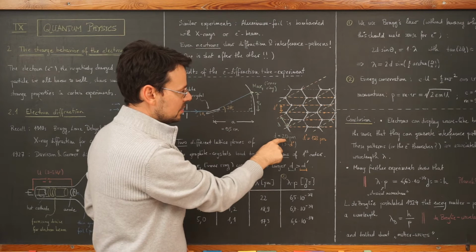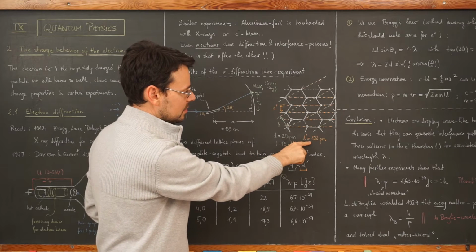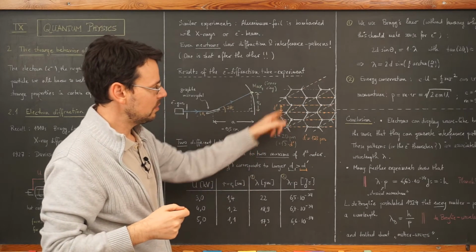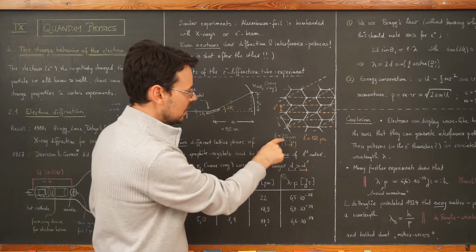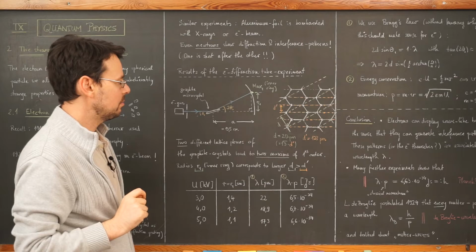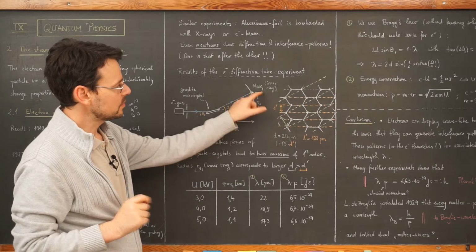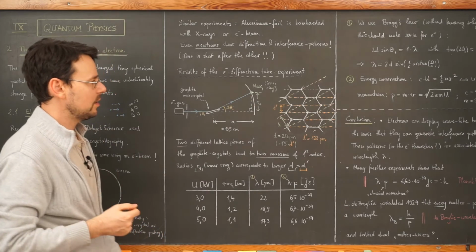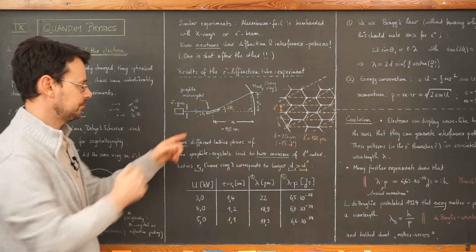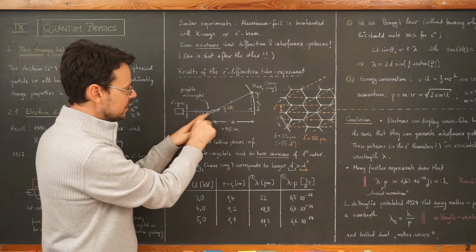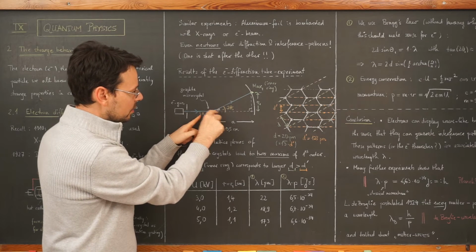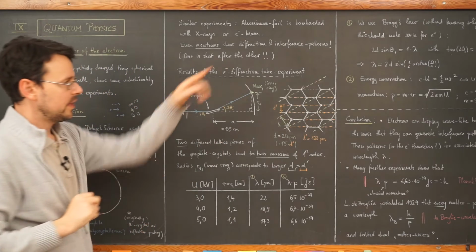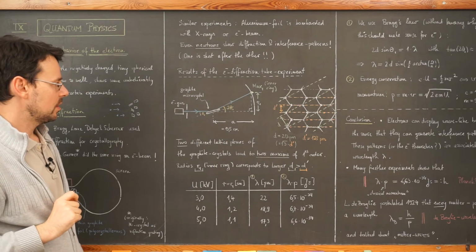And here this distance is square root 3 times d prime, because of the hexagonal geometry of those graphite atoms, and this is 213 picometers. And this corresponds to the smaller ring, and we are going to work with the radii of the smaller rings. Because here's theta 1 and here theta 1, the reflected beam has an angle of 2 theta 1 that is going to be important later.